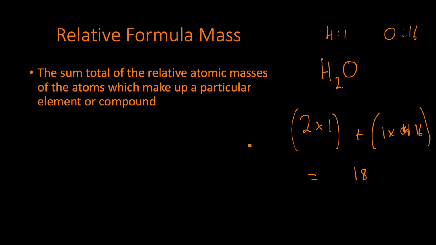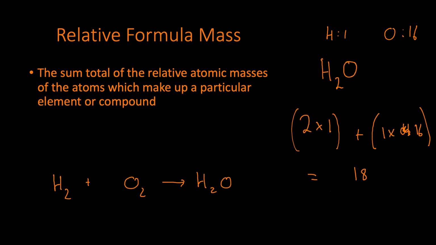Now, importantly, if you have a chemical equation, you also need to be able to work out relative formula mass. I'm just going to use a chemical equation which contains water, just so we're consistent. Let's say we're going to make water by adding hydrogen and oxygen together, so you've got H2 plus O2 making H2O.